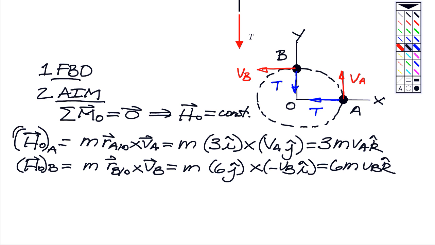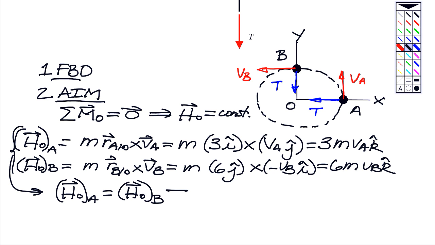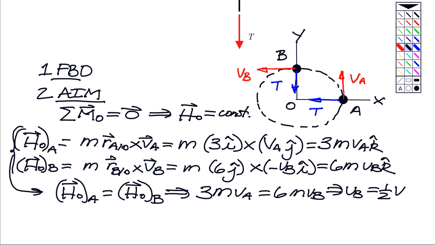Conservation of angular momentum: H about O at point A must be equal to H about O at point B. So 3 m VA is equal to 6 m VB. So the speed at B is equal to half of the speed it had at position A. That tells us how fast B moves.